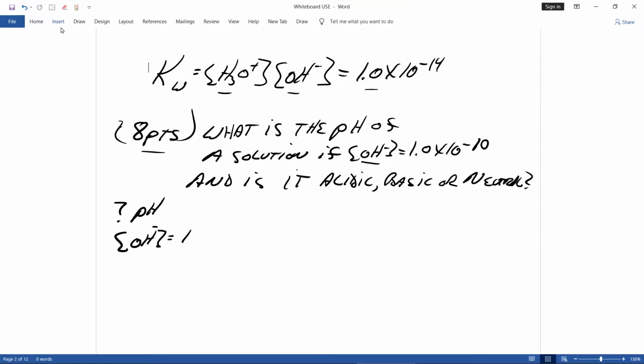Hydroxide ion concentration. But pH, and this is important information for test number 4, is this, which I don't have.